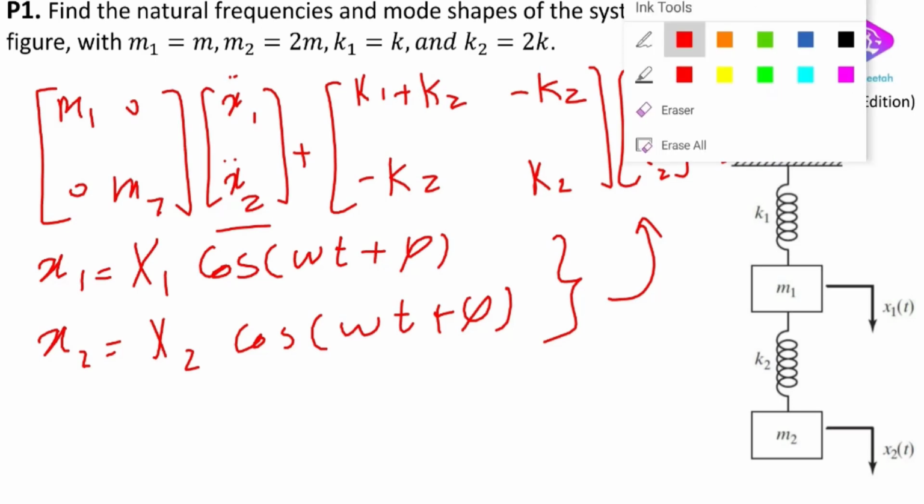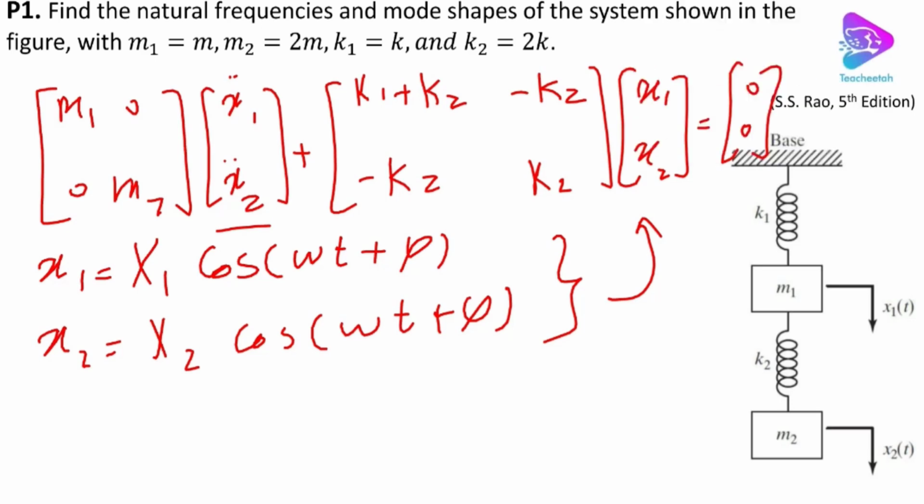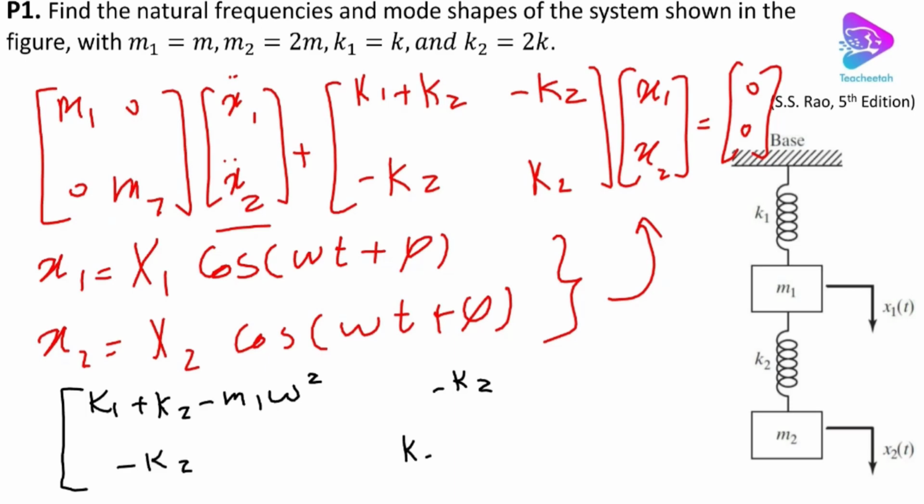The matrix that we end up with after taking the derivative is: K1 plus K2 minus M1 omega squared, minus K2, and minus K2, K2 minus M2 omega squared, times x1 and x2, equal to 0.